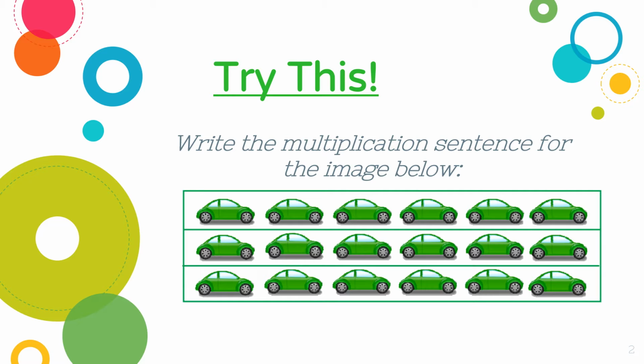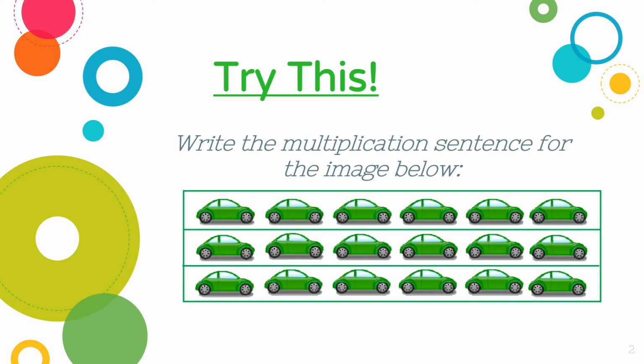So write the multiplication sentence for the image below. How many rows do we have of cars here? We have 1 row, 2 rows, 3 rows of cars, and in each of those rows we have 1, 2, 3, 4, 5, 6 cars. So we have 3 groups of 6, 3 groups of 6 cars.